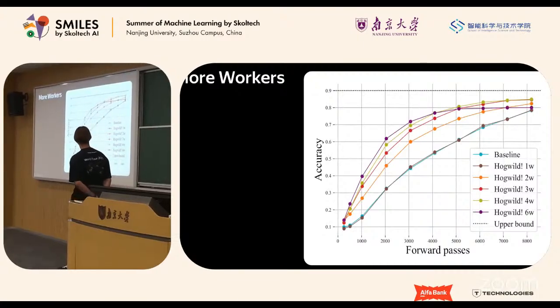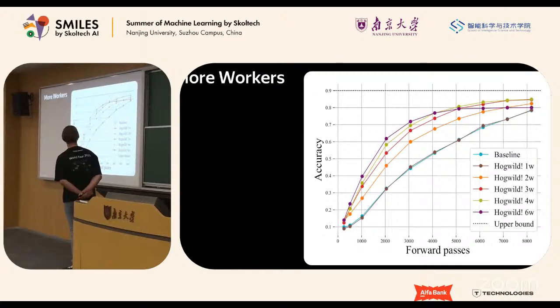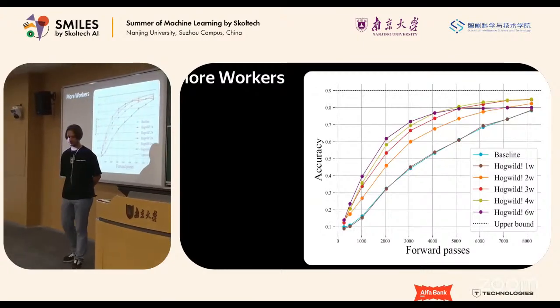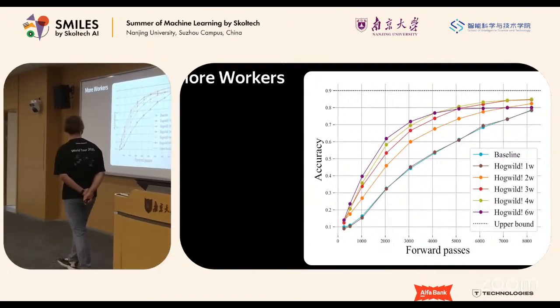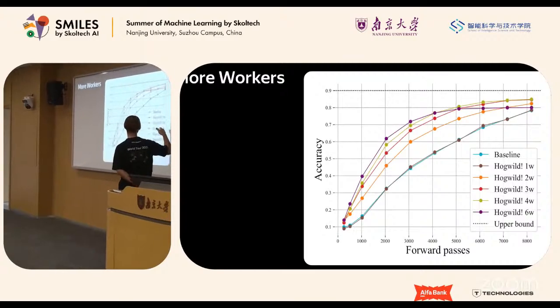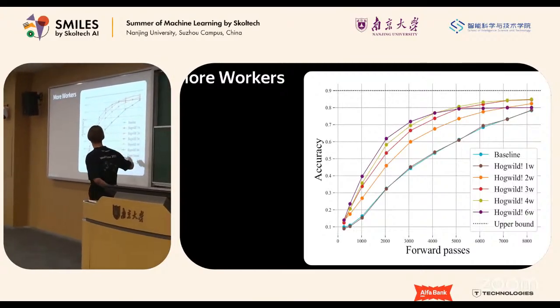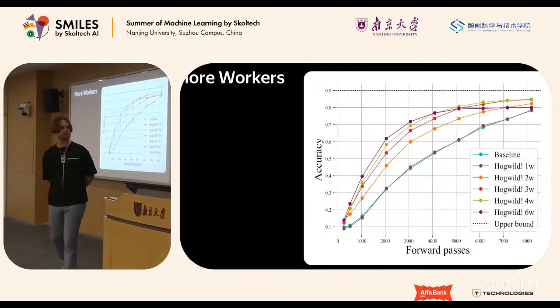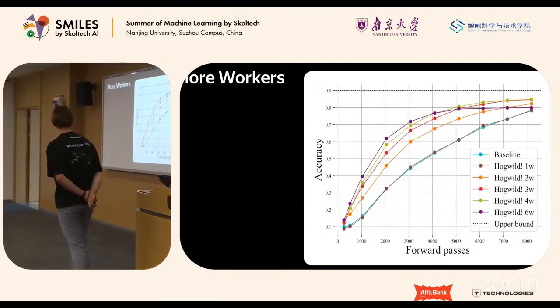And the idea is that the more workers you have, the more accuracy you get per same budget of forward passes, which is cool. There is some abnormal behavior on the 6th worker, but that is caused by context limitation of the model.